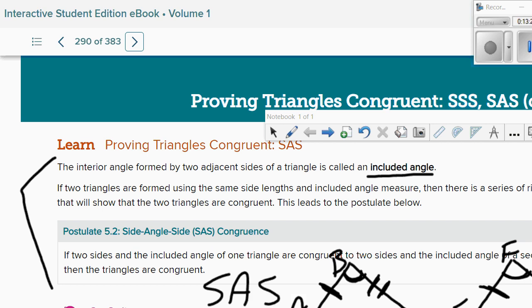So obviously this could happen in lots of different ways in triangles, but if 2 sides are equal to corresponding sides of another triangle and they're creating angles that are both equal, then I can say the entire pair of triangles are equal. Okay.